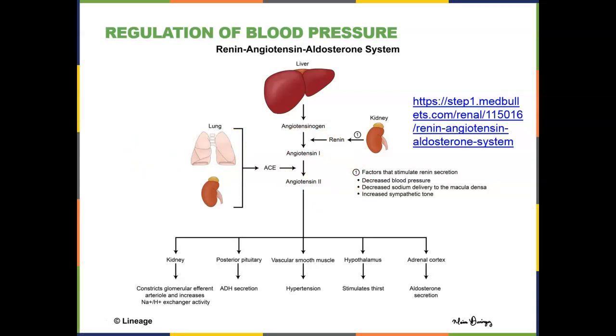So it not only causes vasoconstriction, it stimulates the adrenal glands to release hormones. It stimulates the hypothalamus to increase our thirst. It also stimulates the hypothalamus to tell the posterior pituitary gland to release antidiuretic hormone. And altogether, this increases our blood pressure.